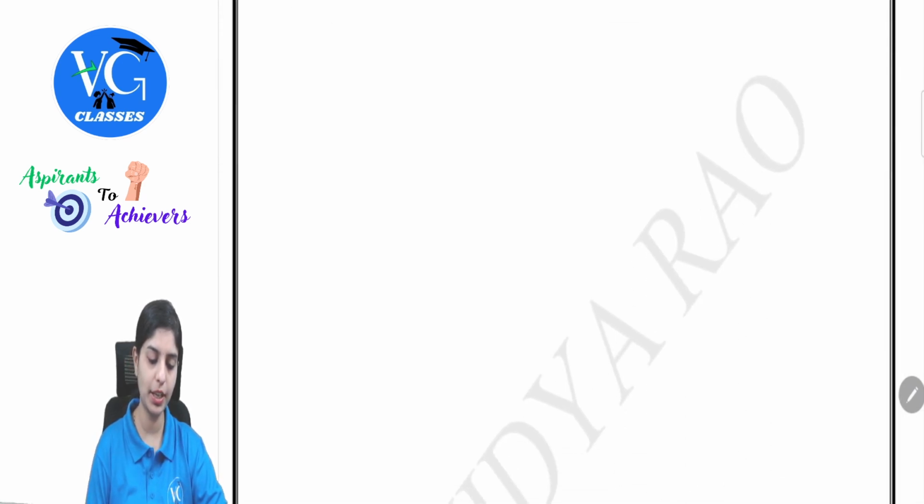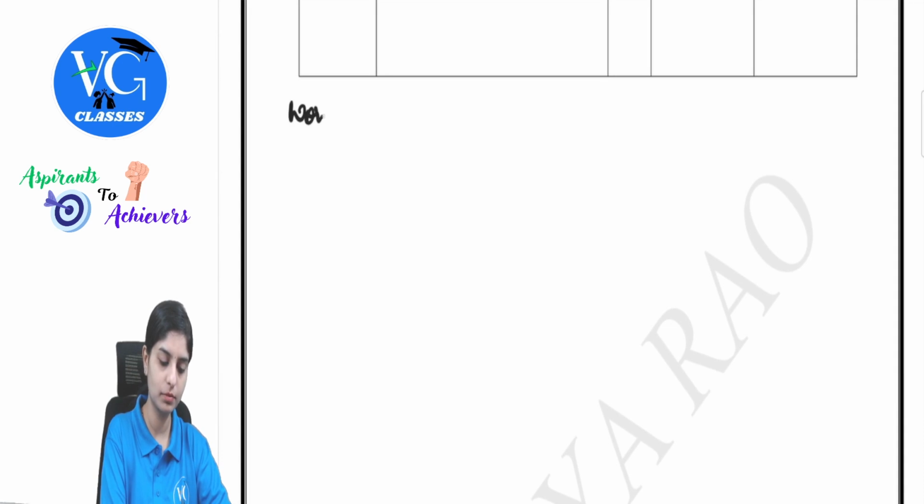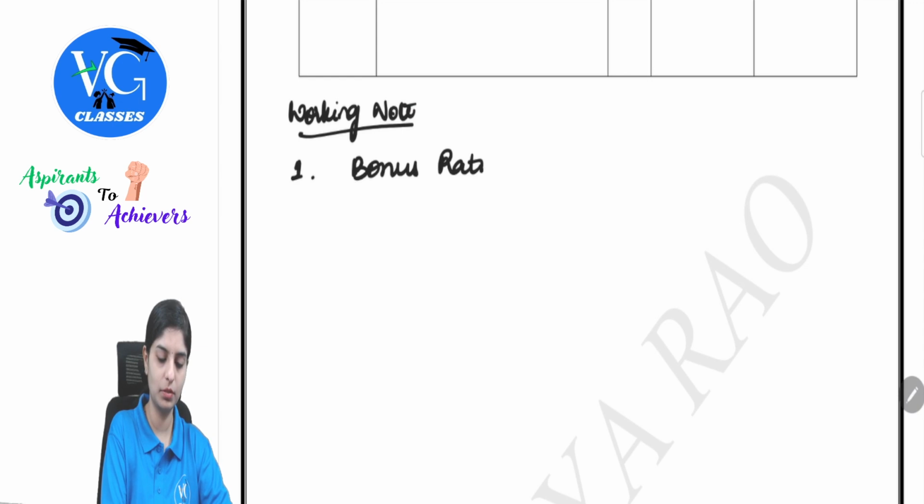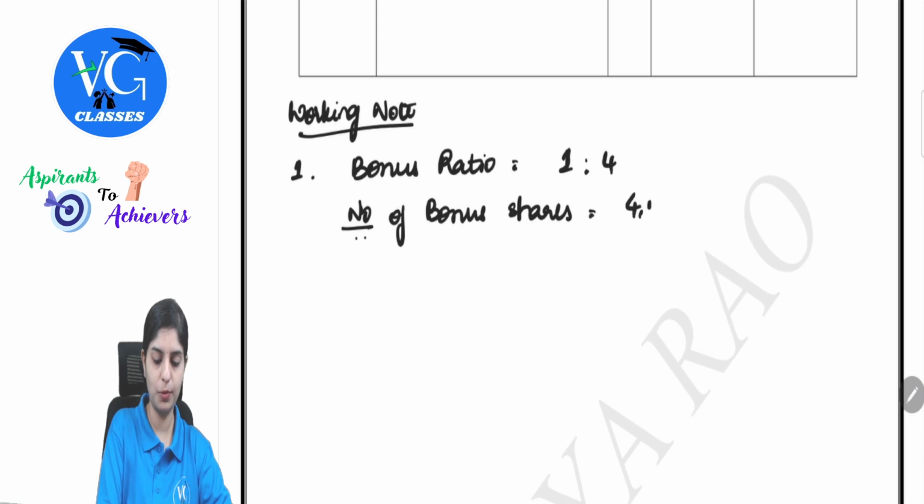We'll do it as a working note. Bonus ratio is 1 share for every 4 shares held. Number of bonus shares is 4 lakh into 1 by 4.